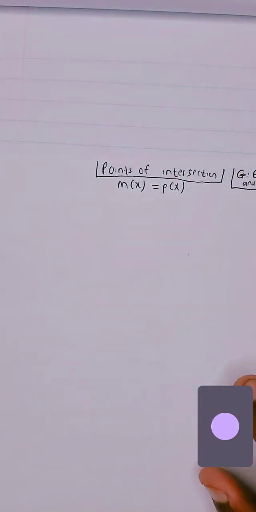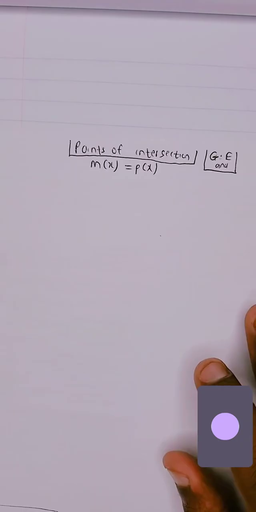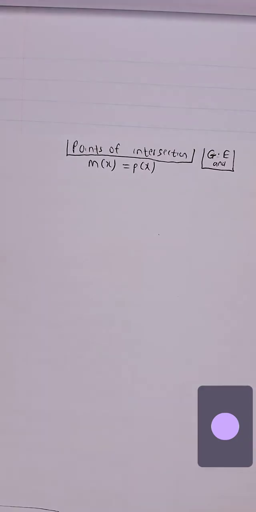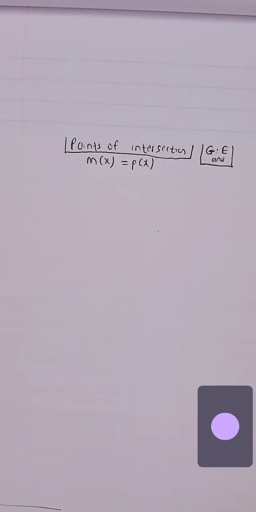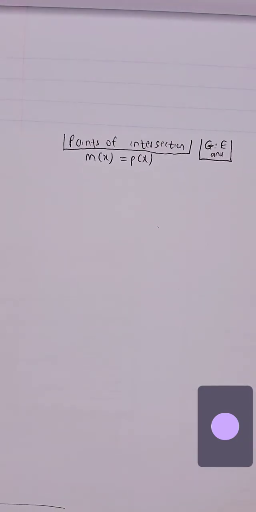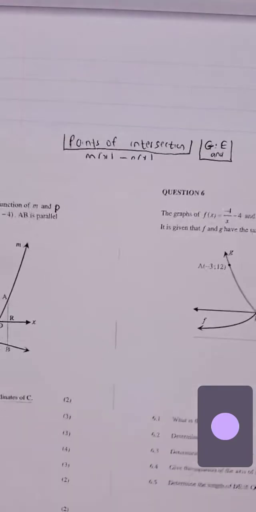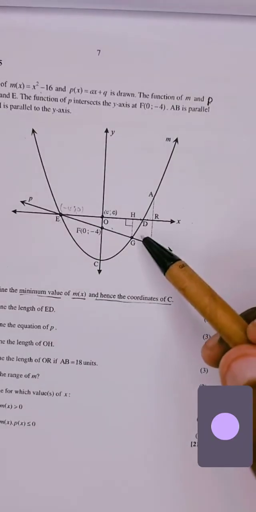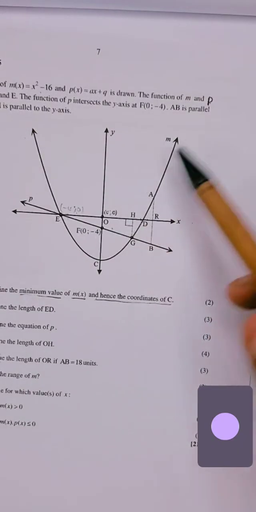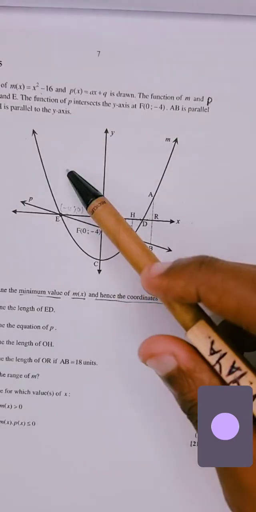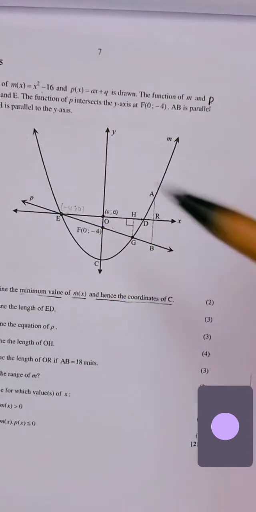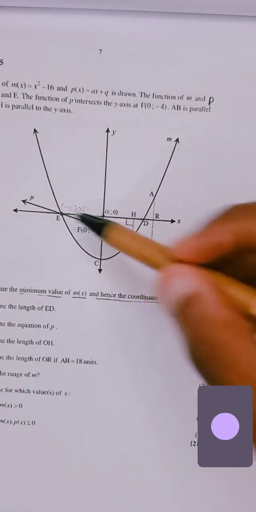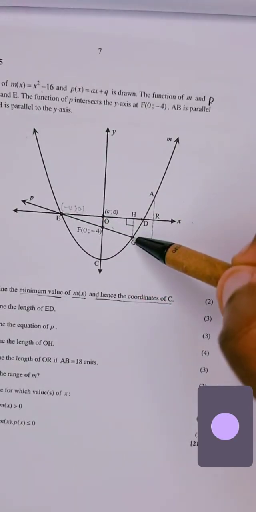And the last guy that was here said that it is where two functions meet. So the parabola here and the straight line, they meet at E and they meet at G. Do you see that?